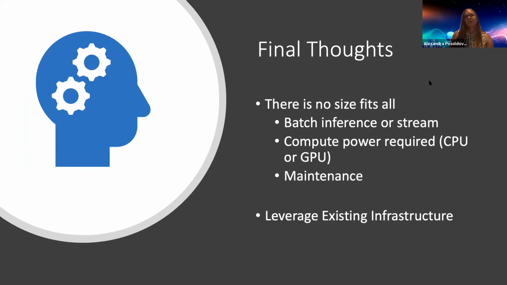Some final thoughts. There is no one size that fits all. It always depends on the client, what their target is, what they're trying to achieve, whether they want an implementation of a machine learning solution that is fastest or requires the least maintenance, in which case you would go with cloud serverless services, whether they want to perform batch inference or stream the data, you would use different services for that.